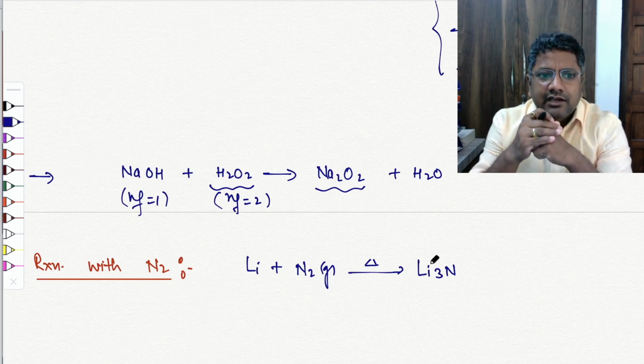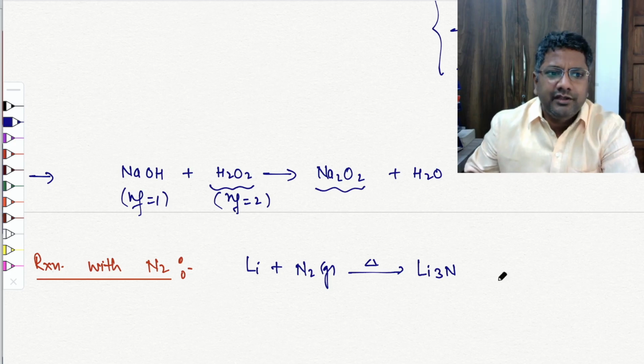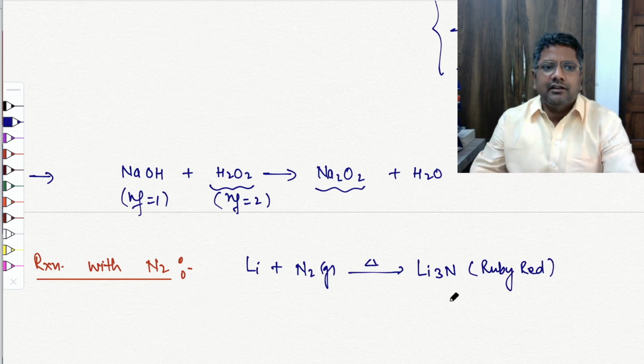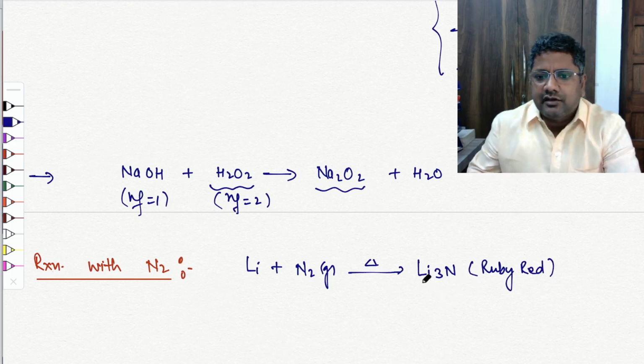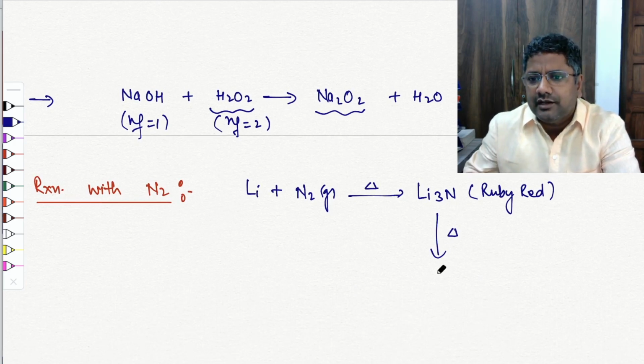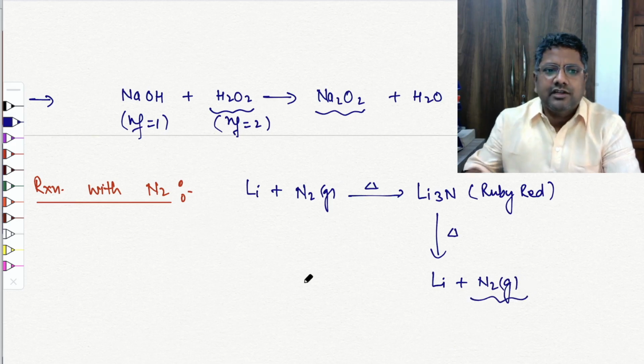It is an ionic compound, and it is ruby red in color. On strong heating, the reaction reverses, so you will have Li plus N2 gas. So you can prepare nitrogen gas by this.